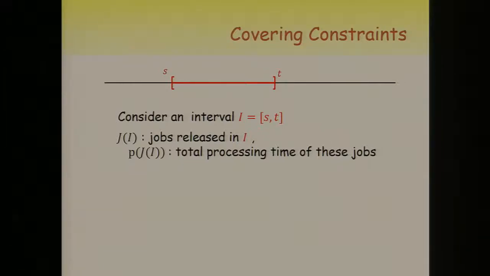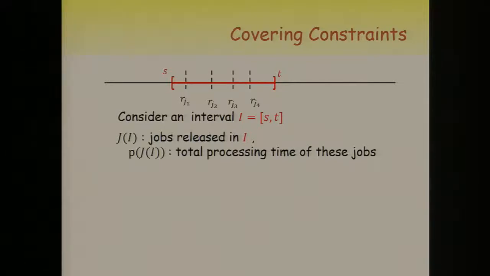And if the total processing time of these jobs is much more than the length of this interval, some of the jobs must be alive beyond time t. You cannot finish all these jobs in this segment if the total length of these jobs is more than the length of st.